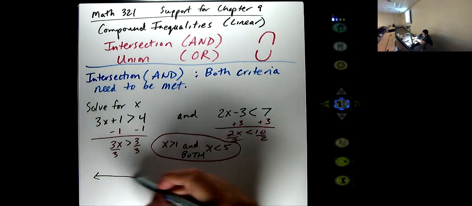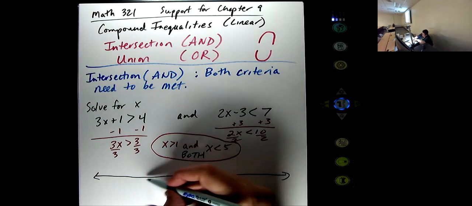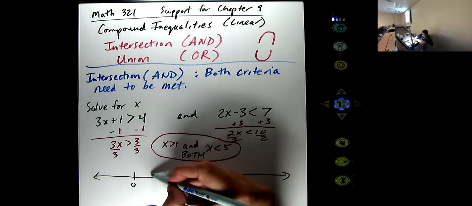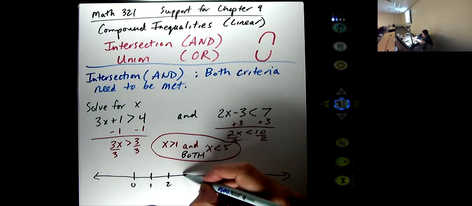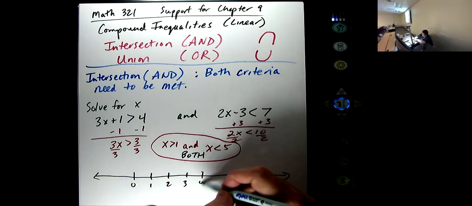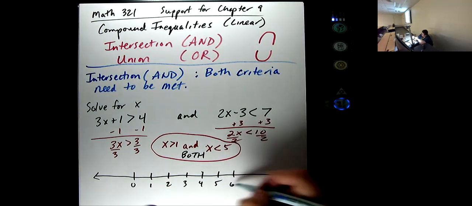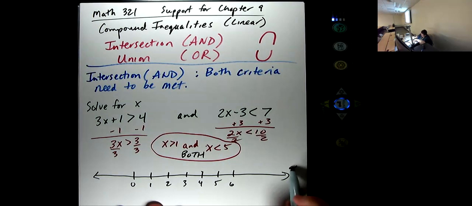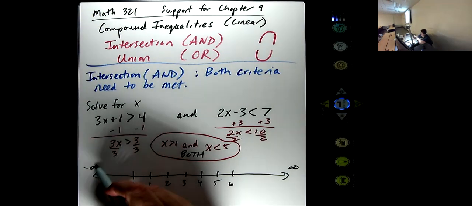So it's best to look at this on a number line. We have infinity and negative infinity over here.